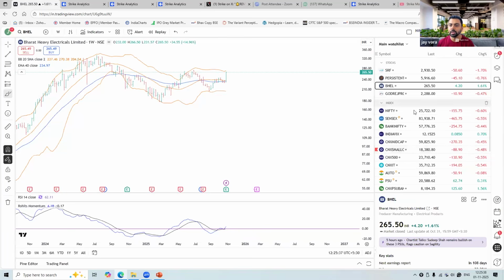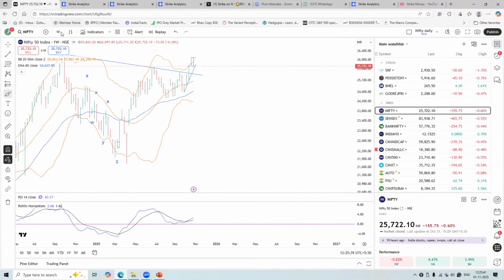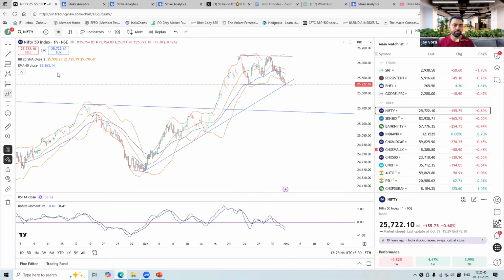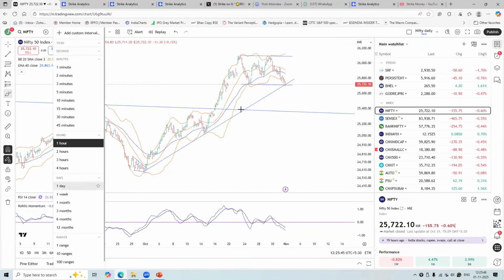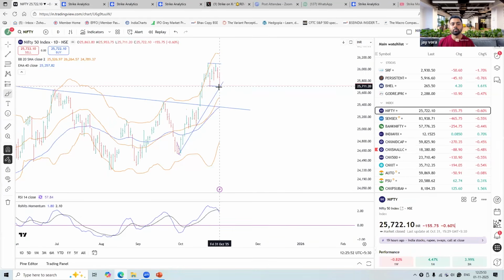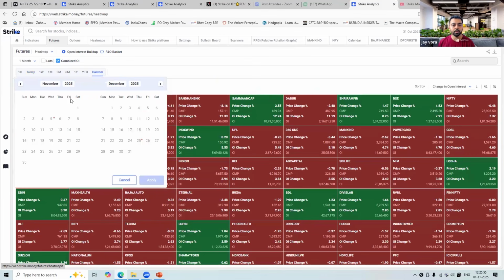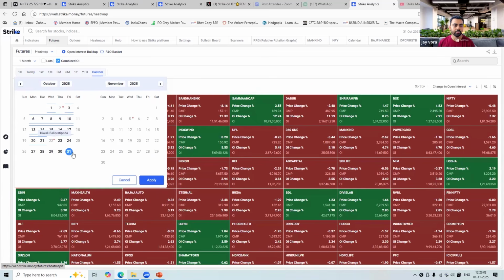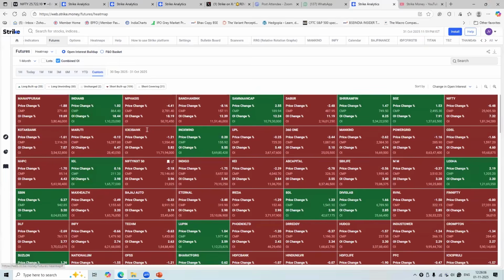Now, say for example, I am trying to find when the index had rallied from 30th of September till current date. So give me the performance of the FNO stock. So that is what I'm trying to scan. Okay, so your 30th September till date. Right? I've done this.